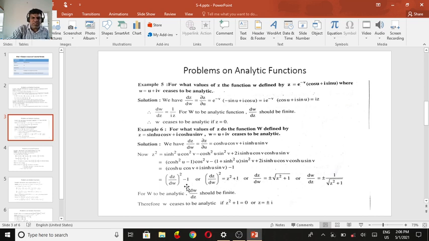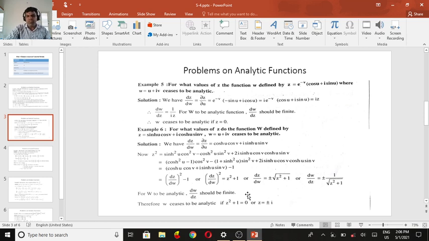Taking minus 1 to this side, or dz by dw is equal to plus or minus square root of z square plus 1. Or taking the reciprocal, we get dw by dz is equal to plus or minus 1 divided by root of z square plus 1. For w to be analytic, dw by dz should be finite.